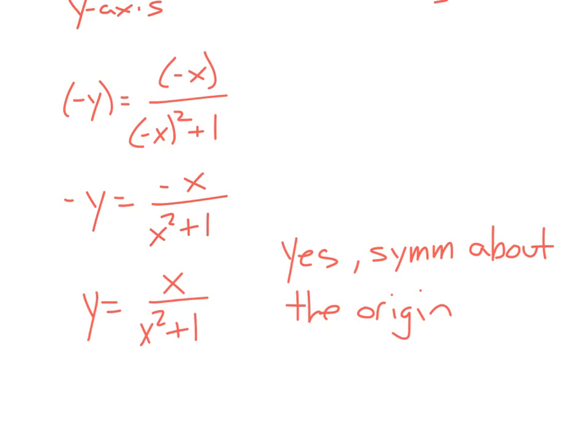All right. 65 to 68 says describe the viewing rectangle. Now, I'm not sure what they're going to give as their answers in the back, but you could change the scale and probably see it, or you could change the window settings and probably see it. What you want to be able to do is feel comfortable changing the window to see all the important parts of a graph.